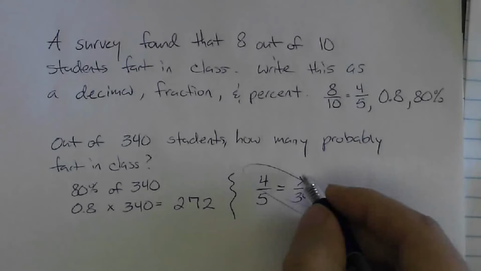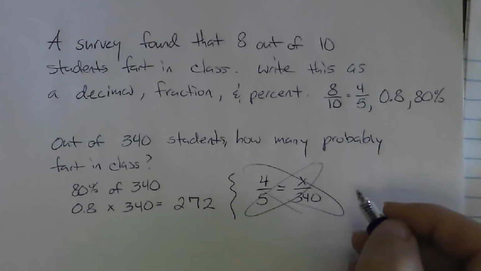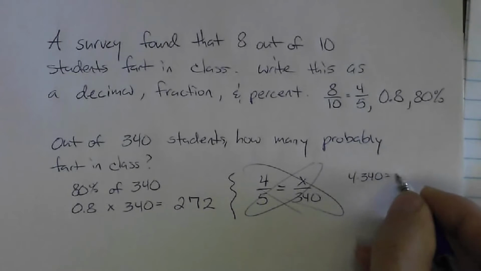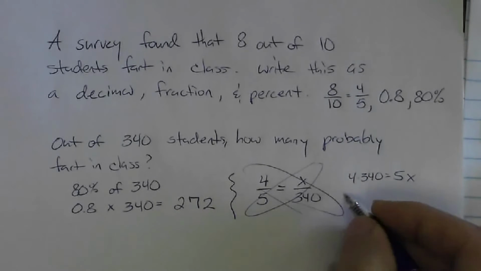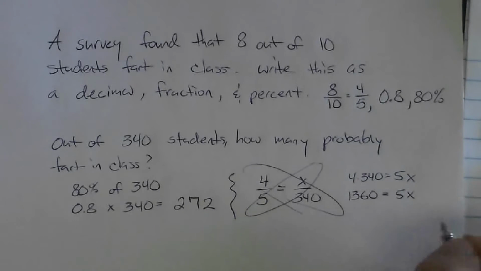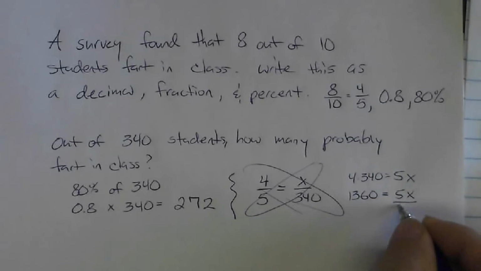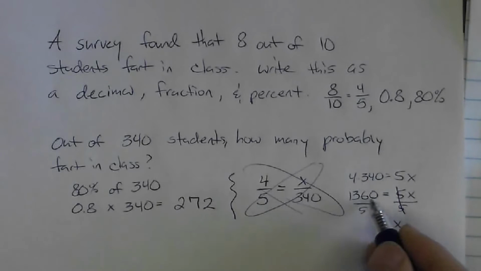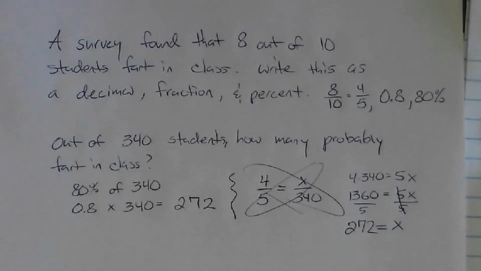So now we use our cross products, and we've got 4 times 340 equaling 5x. 4 times 340 is 1,360, so now we have 1,360 equals 5x. To get rid of that coefficient, the 5, I divide by it on both sides, just like we learned a couple chapters ago. These cancel, leaving the x. And on this side, 1,360 divided by 5 is 272.